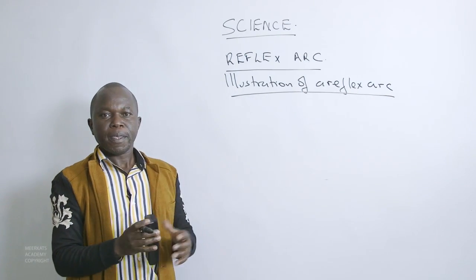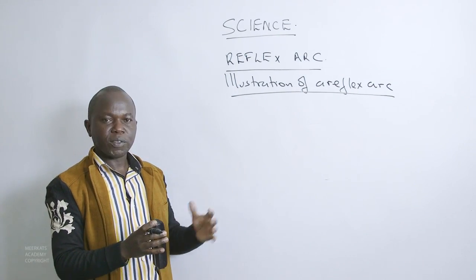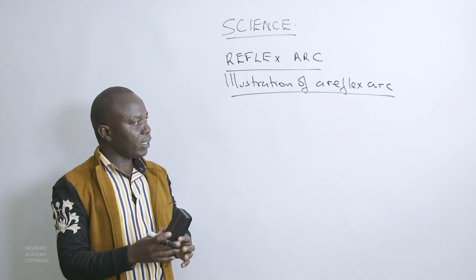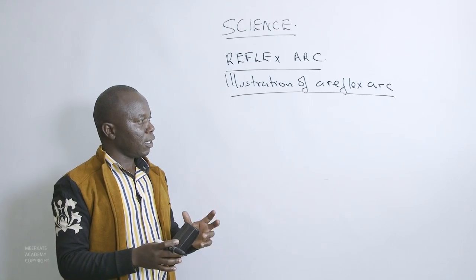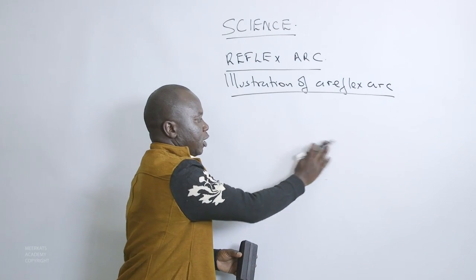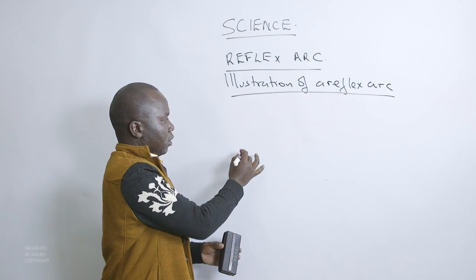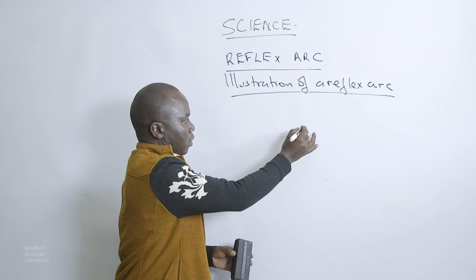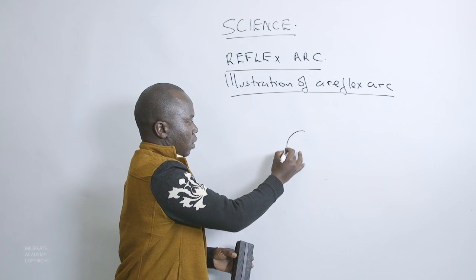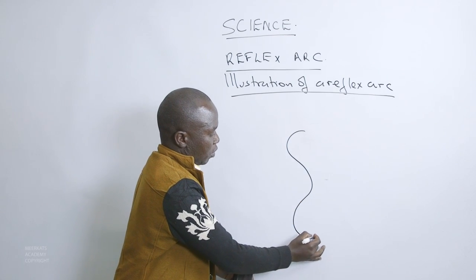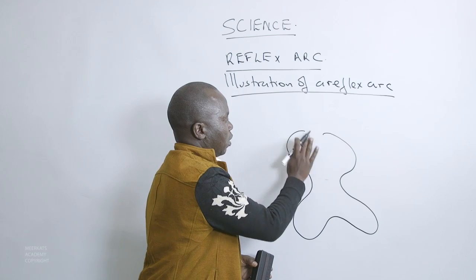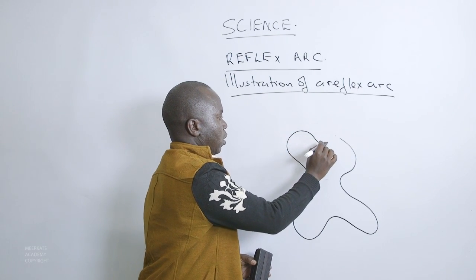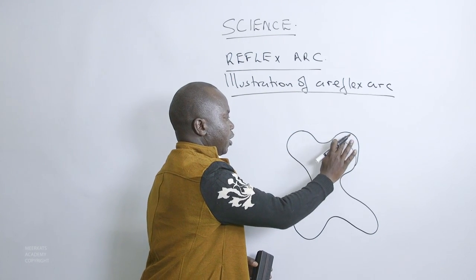So to illustrate this, we shall have to get a simplified diagram of the central nervous system, the spinal cord. So this is the transverse section of the spinal cord.